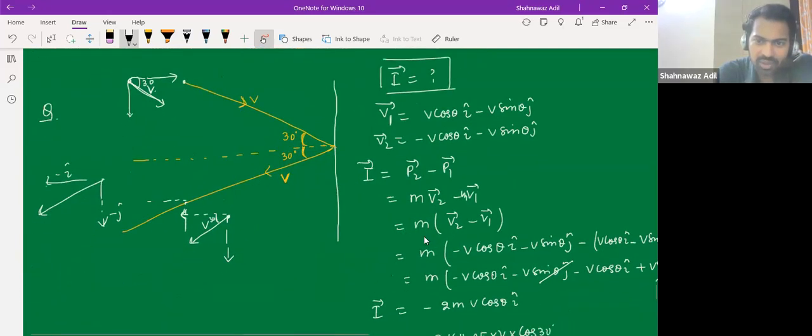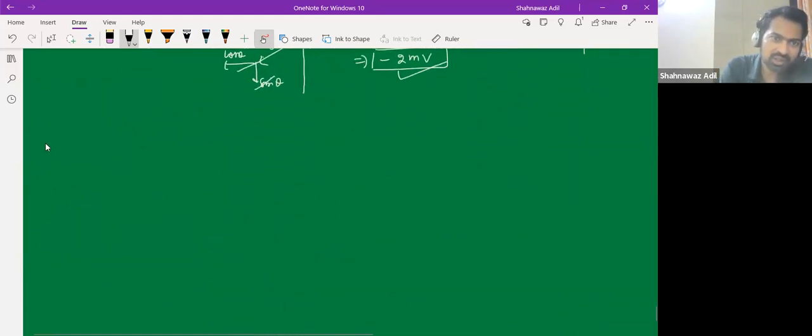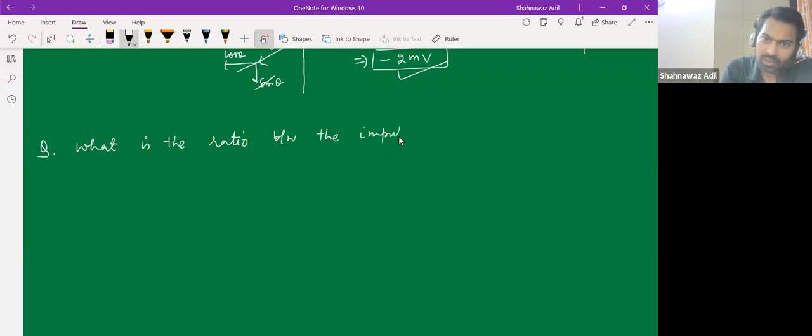So if somebody asks you the third question, what is the ratio between the impulse imparted in both the cases?